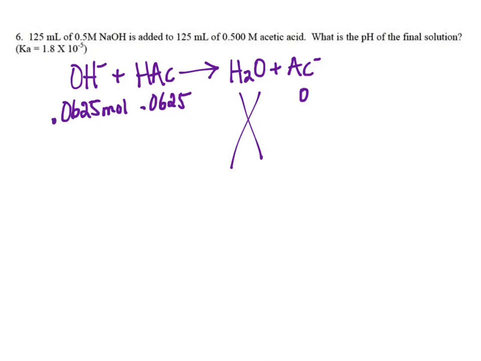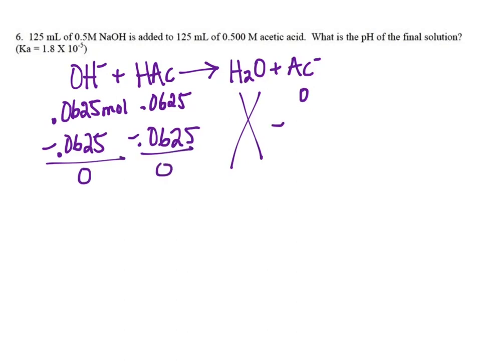So who's going to run out first? They both are, right? Because they're the same. So we subtract 0.0625, and we're going to add that to the other side. So who is left standing after the invasion?